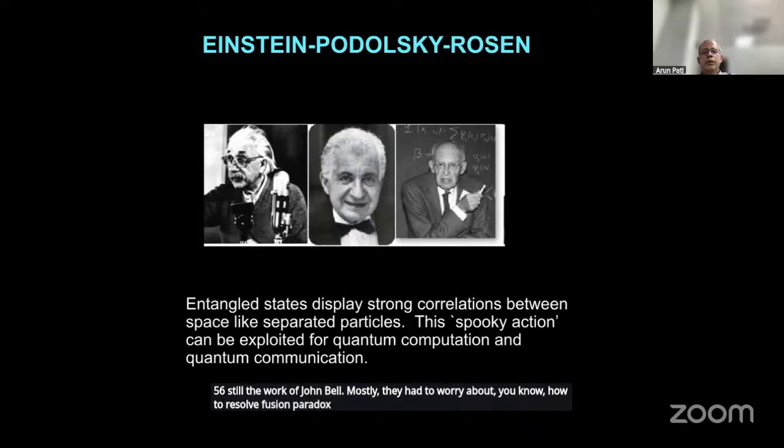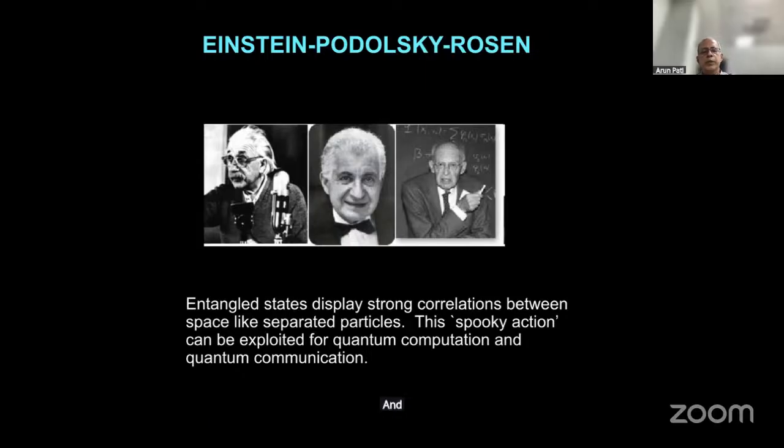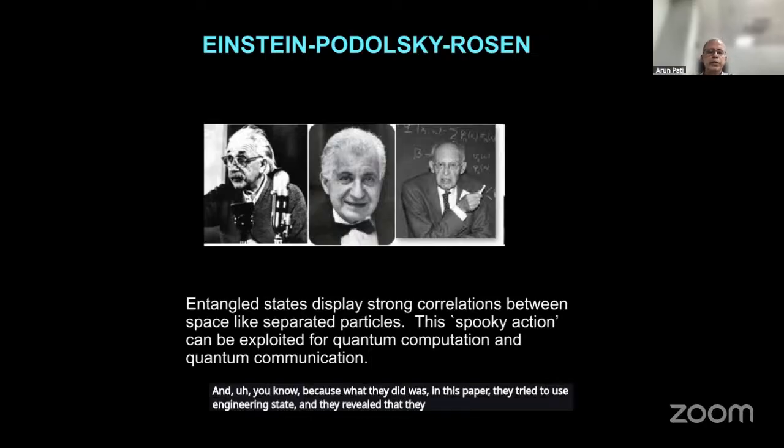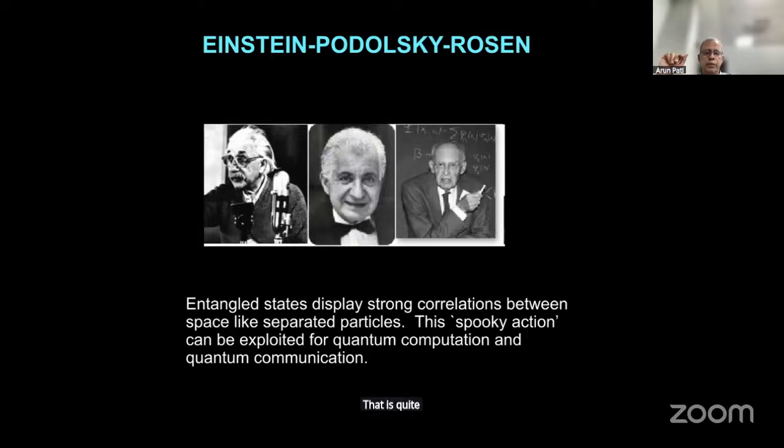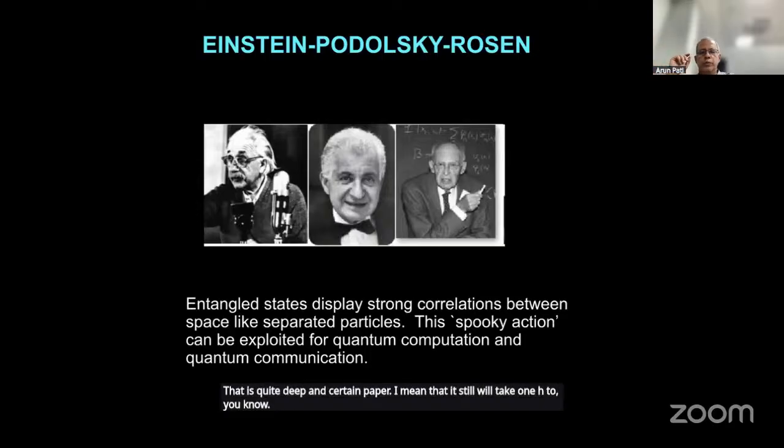In this paper they tried to use an entangled state, and they revealed that it has this kind of spooky action, and they tried to argue that quantum theory is incomplete. I'm not going to explain the EPR paper, because that is quite a deep and subtle paper, and that itself would take 1 hour to tell in detail.